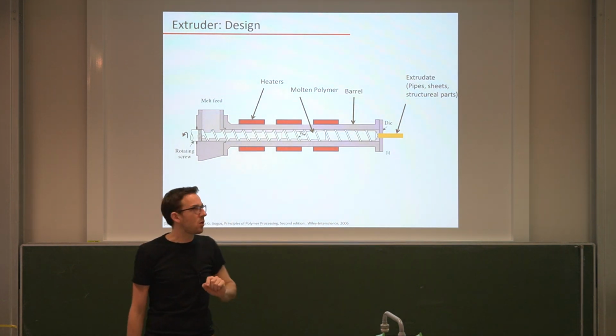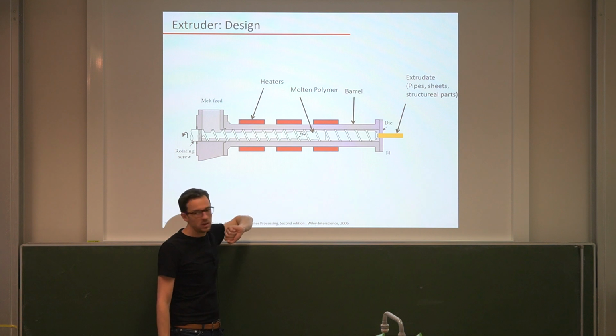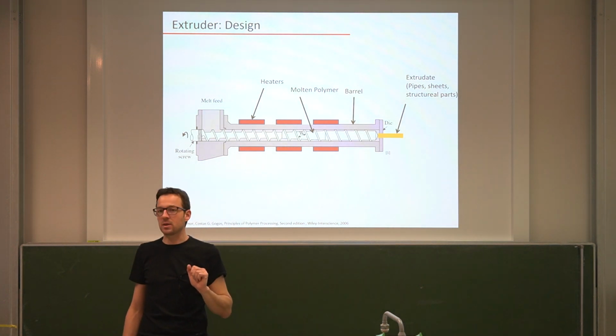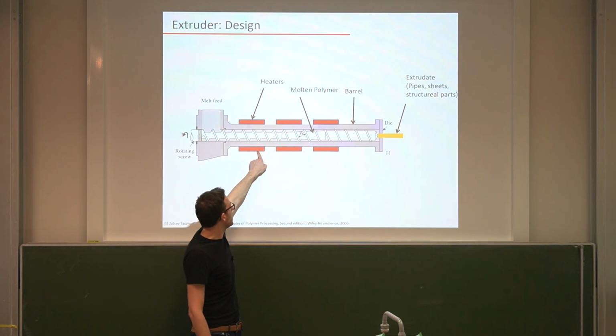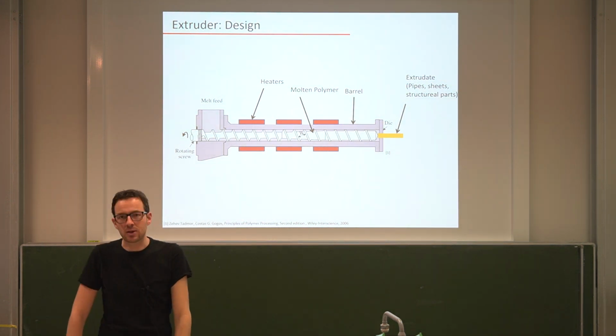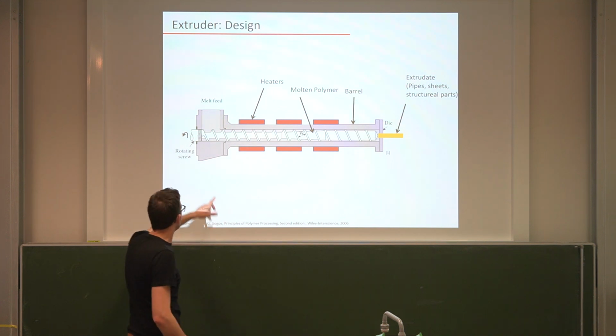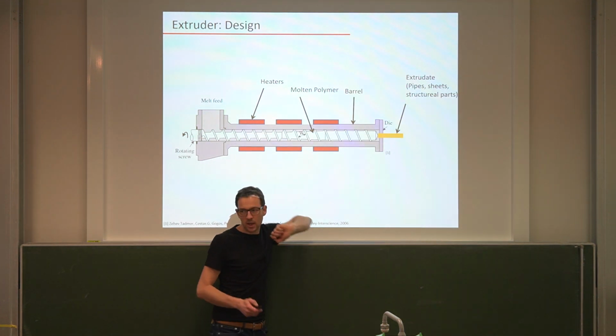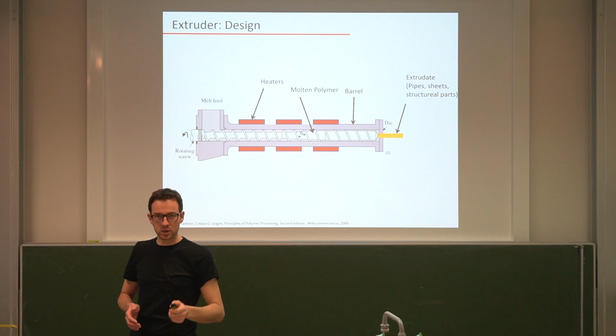And as it goes along, it heats up. And there are two ways in which it is heated. Firstly, we have external heaters, and secondly, we have a specialized shape of this extrusion screw here. Okay, and this is what we will look at in a bit more detail.